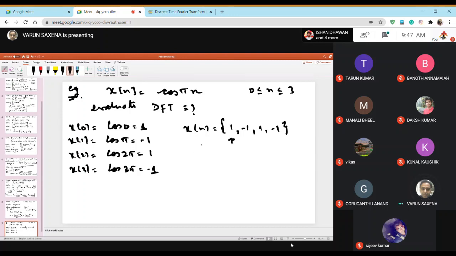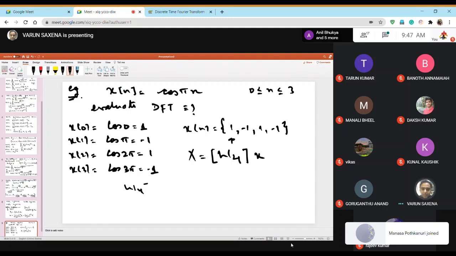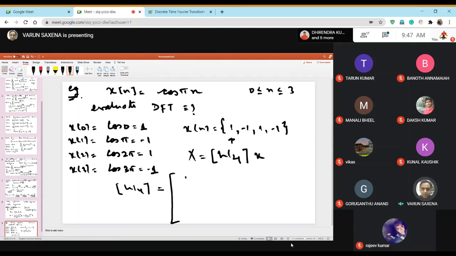Now I am asking you to evaluate the DFT. The capital X is going to be the W4 matrix times x. You already know what the W4 matrix is going to be. We had evaluated it in the class. All the elements of the first row and the first column are 1.